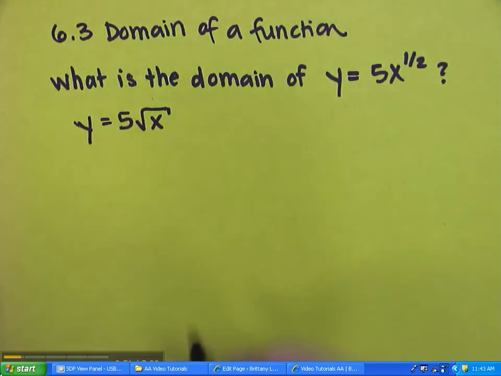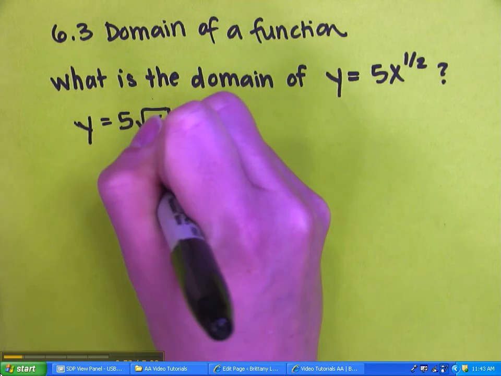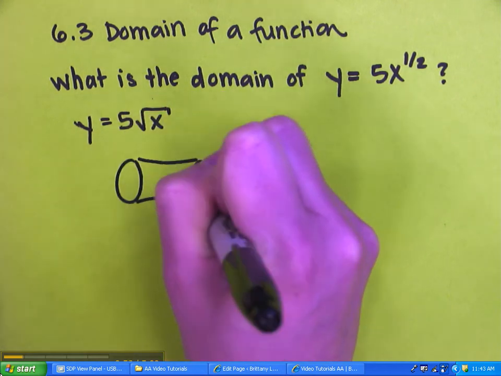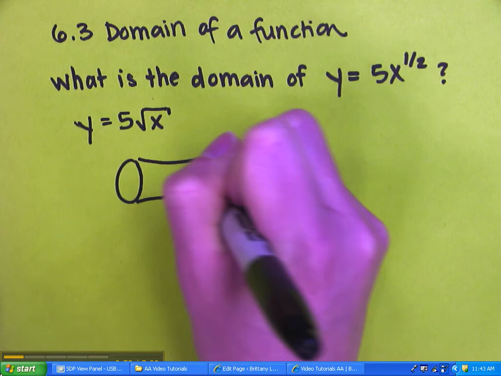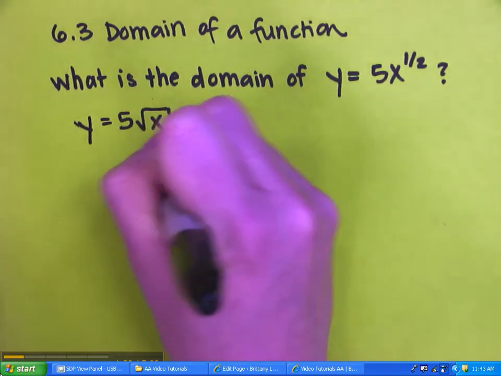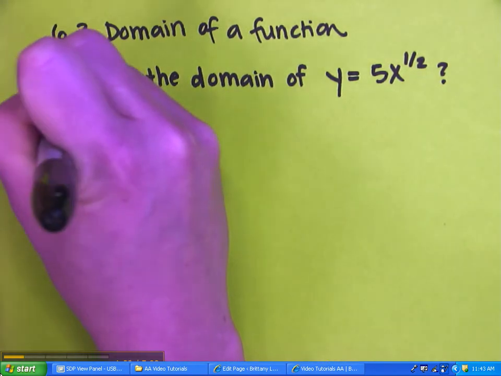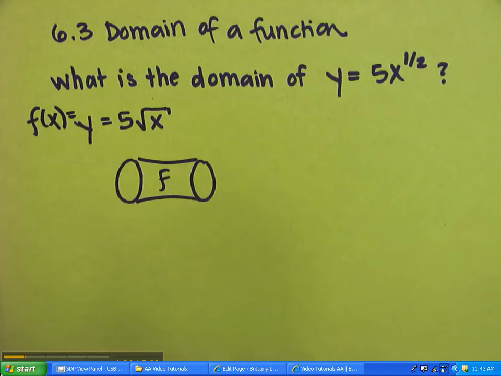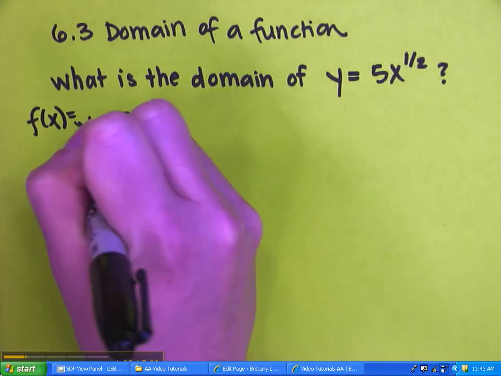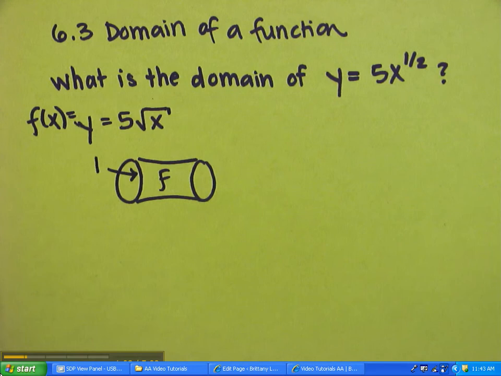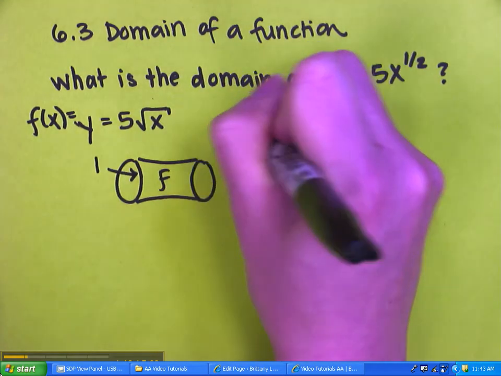Now, we know about the square root of x a bunch of different things that we can plug in. For instance, if I think of this as a function machine, and I have my function y, I'm getting my outputs y. Let's call this f, I guess, and I'll call this f of x. If I plug in, let's say, 1 into my function machine, well, we're taking 5 times the square root of 1.